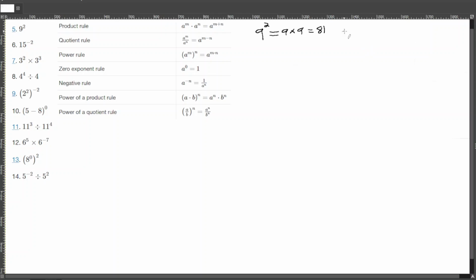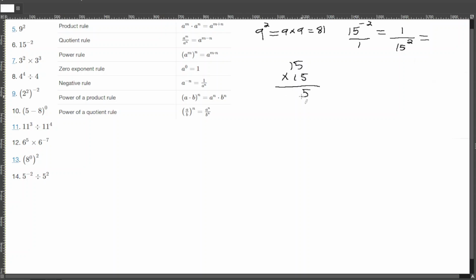So 15 to the negative second power. We have to rewrite that as a reciprocal, so it's over 1. So if we reciprocate the 15 squared, oh, and notice, I didn't explain that too. Notice how when we reciprocate it, the power becomes positive. So that's 15 times 15. Isn't it 255? 225? Gosh, I should remember this one, but I haven't done it in a while, so let's see.